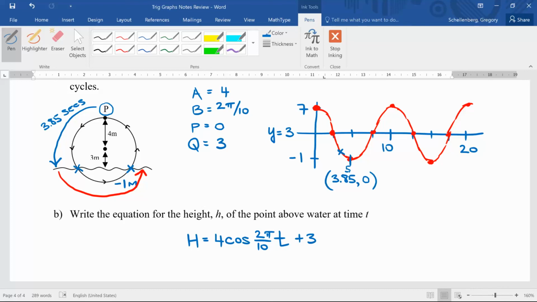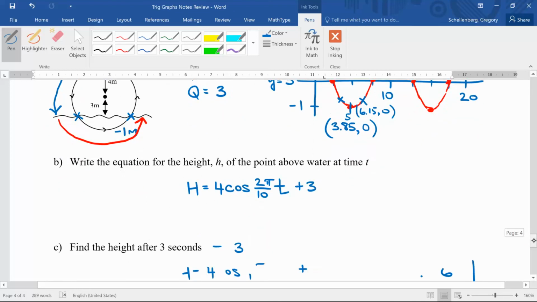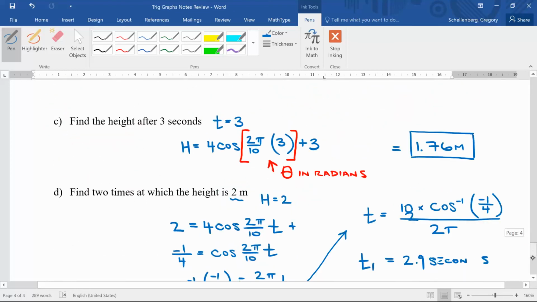So we're going to have the exact same thing over here. So 5 plus 1.15 seconds is going to be 6.15 seconds, and that's the second time that our height is at 0 meters.